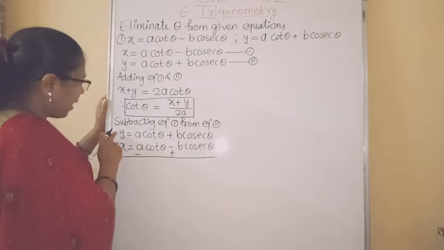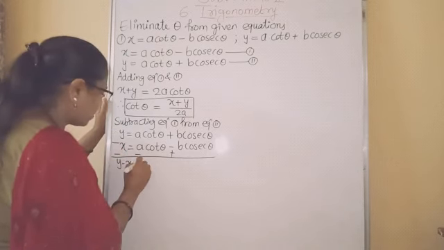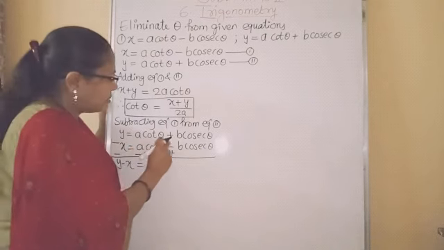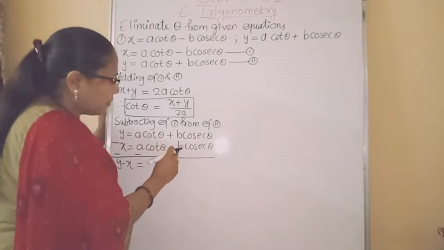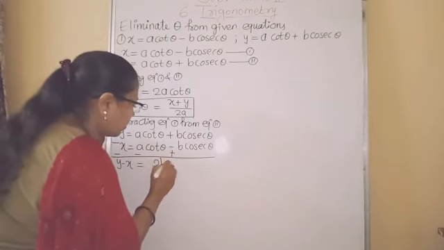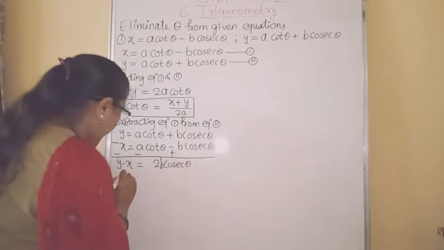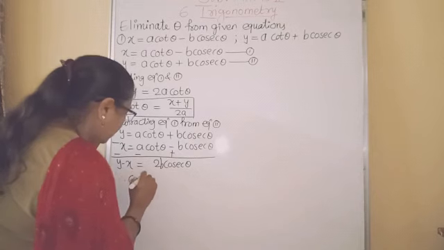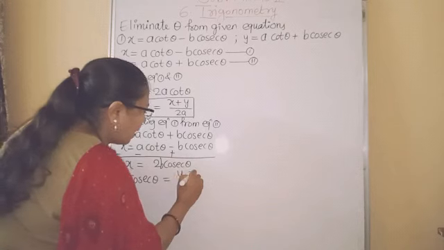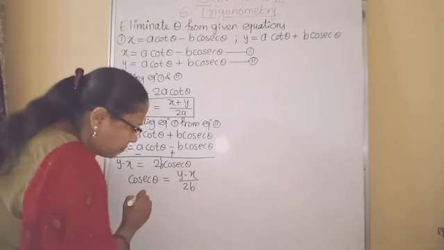So here we will get y minus x. Now a cot theta minus a cot theta gets cancelled. B cosec theta plus b cosec theta, we will get 2b cosec theta. And therefore cosec theta is equal to y minus x upon 2b. Okay?